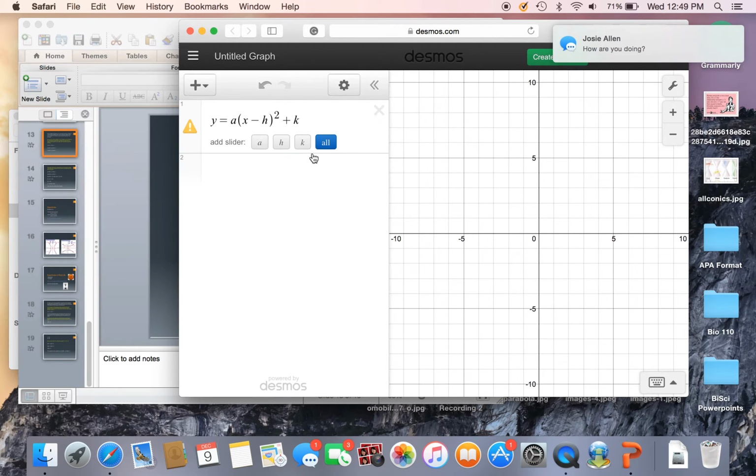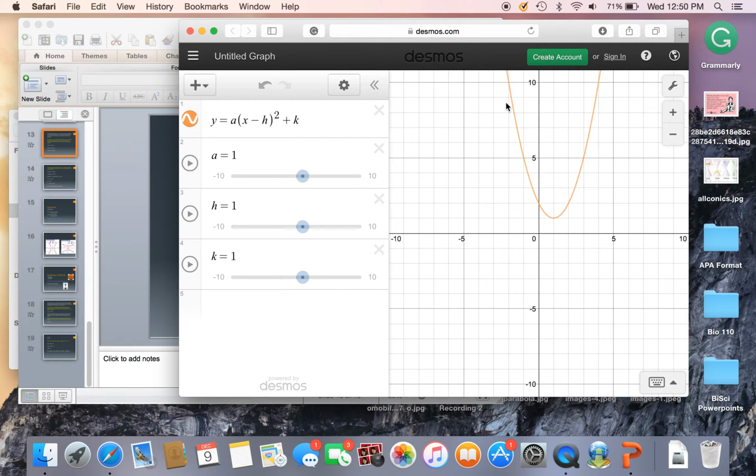Please ignore that. So we have the same thing. We have an upwards opening parabola, and a is the same. If we make it negative, then the parabola is going to be downwards. If we make it positive, then it's going to be upwards.